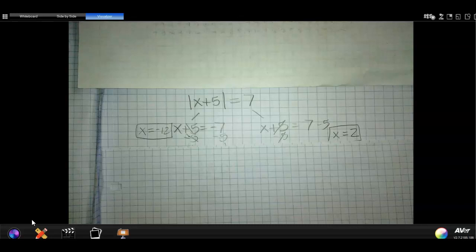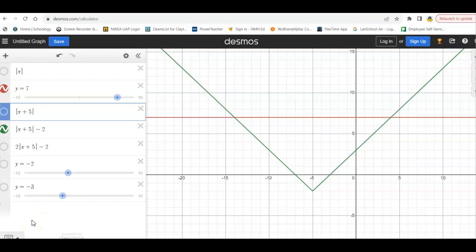So let's add another layer of complexity to this. Okay, so now we're back to Desmos, and I want you to note that we've added another layer of complexity to our absolute value part. So when we first started, all we had to do was graph it, right? All we had to do was look at the solutions. Here, we actually had one step to solve, right? We had to subtract 5 from both sides. Now, we don't have an absolute value part that is isolated.